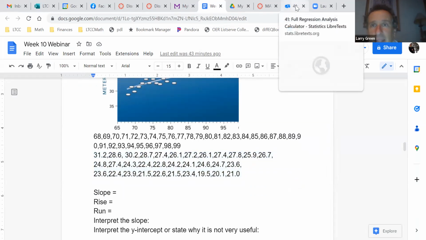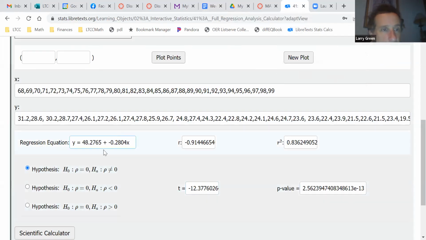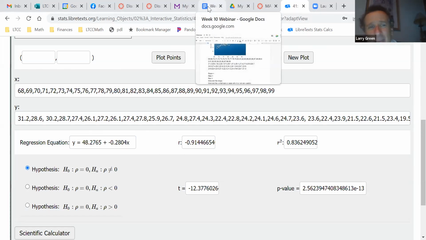We already decided the slope was, where was it? About -0.28. That's good enough. That's enough decimals that anyone would care about, because no one really cares that much about 100th of a meter for clarity, because your eyes probably can't even tell that well.